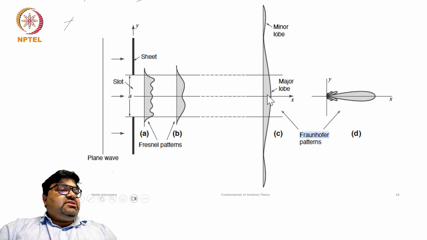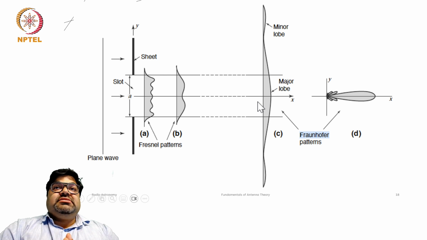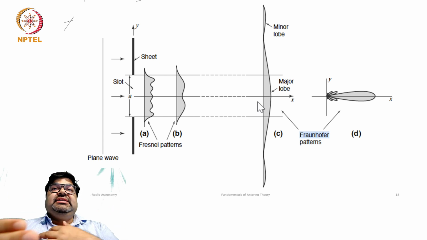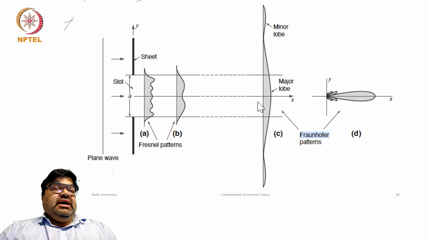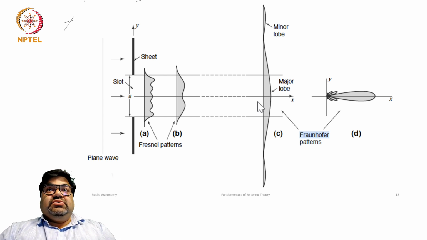Now, based on the value of R, we also define three different zones. At the nearby, there is the reactive near field or reactive zone, then the intermediate zone, and then finally the far field or distance zone.